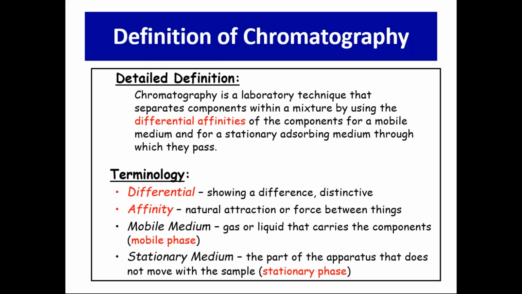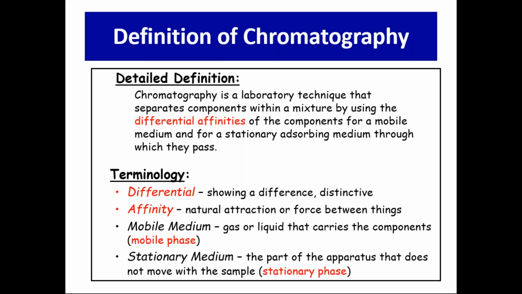So that is what affinity is, like the affinity of iron filings to a magnet. Then these two words are very important in all types of chromatography: the mobile medium or mobile phase, which is the gas or the liquid that carries the components along with it, and the stationary medium or the stationary phase.